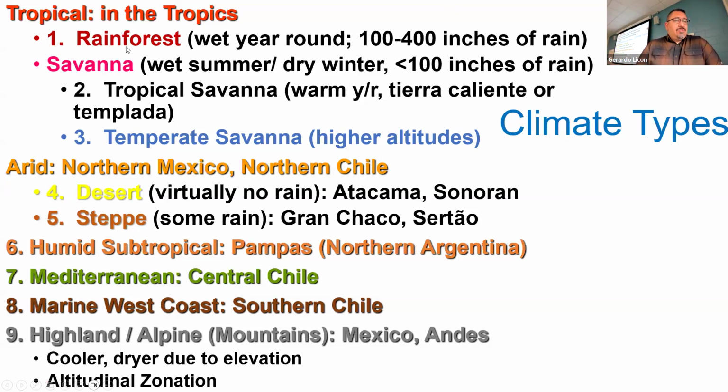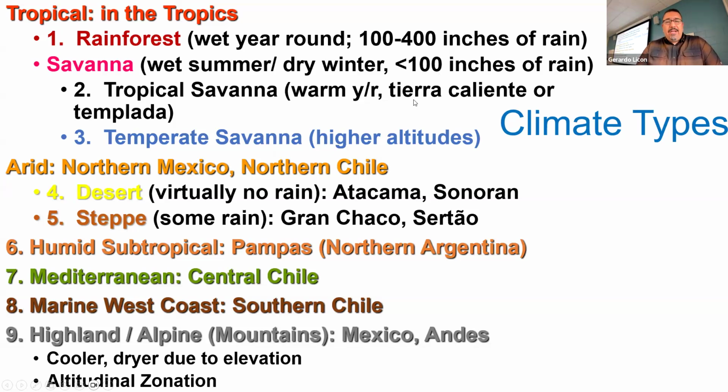climates, which is the rainforest, where it is wet year-round and they get a lot of rain. There's a tropical savanna, where it is wet in the summer, dry in the winter, and they get less than 100 inches of rain per year. And so the tropical savanna and the temperate savanna have these things in common. The wet summer, dry winter, less than 100 inches of rain per year.